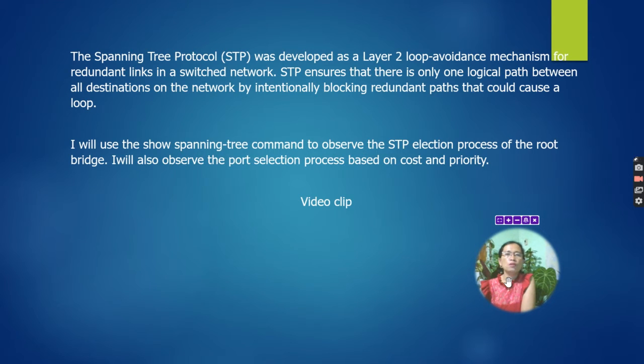I will use the show spanning-tree command to observe the STP selection process of the root bridge. I will also observe the port selection process based on cost and priority.